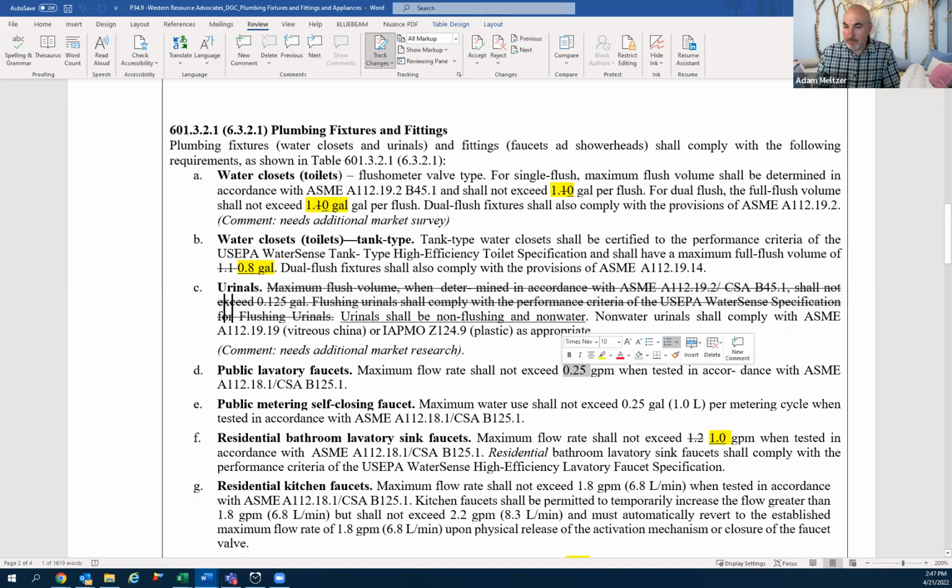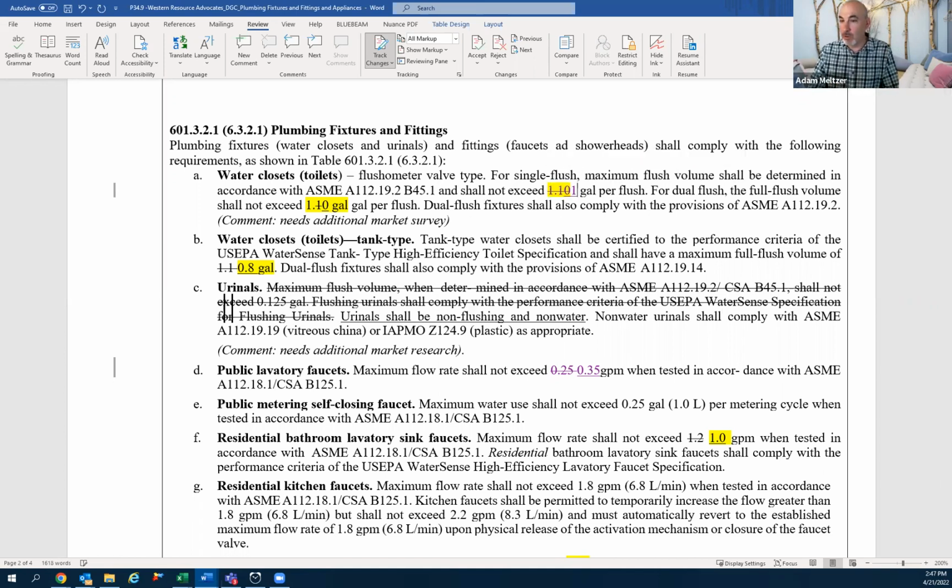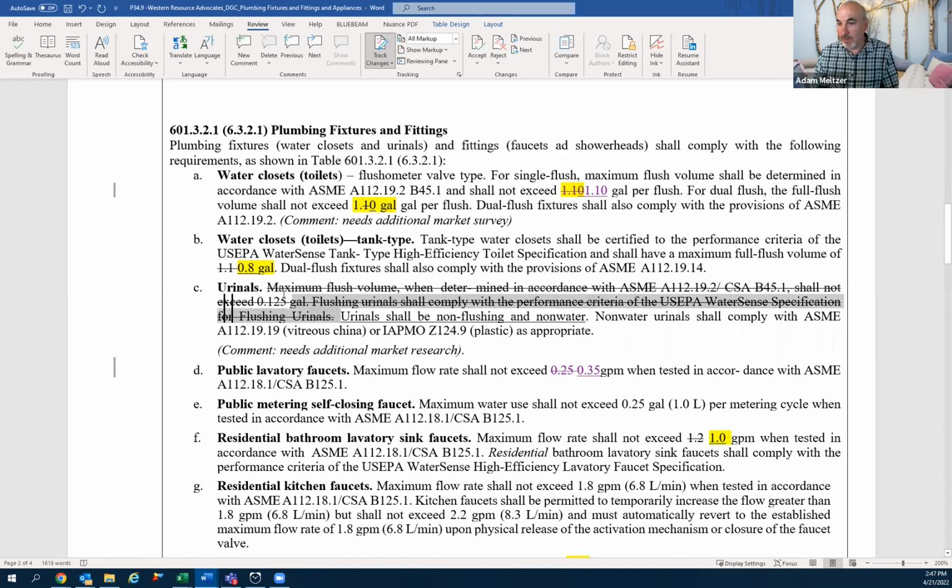And then to put back the 1.1 gallon per flush toilet, because I know that even now people are still having issues committing to 1.1. They're still afraid of them. So I think that would be a real benefit if we can get people to even go down that low.